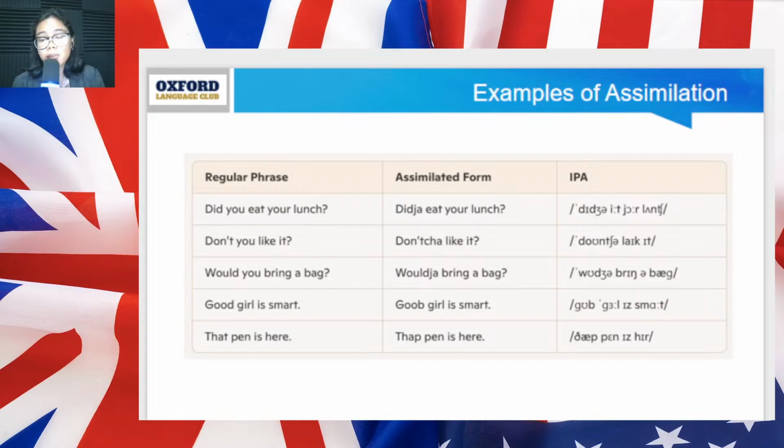So this natural process consistently makes our speech flow much more smoothly, which allows us to speak much faster and requires significantly less effort from our mouths. It is a fundamental and constantly occurring part of how natural and fluent English sounds in actual conversations. Okay, so those are the examples that we have.